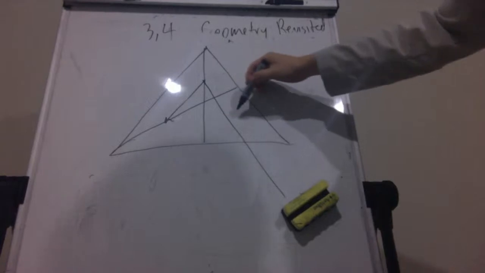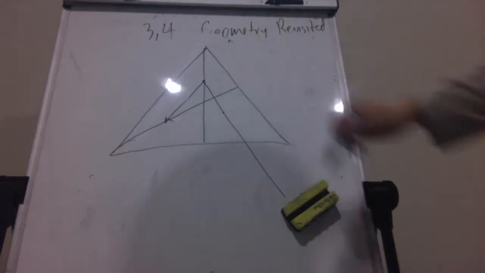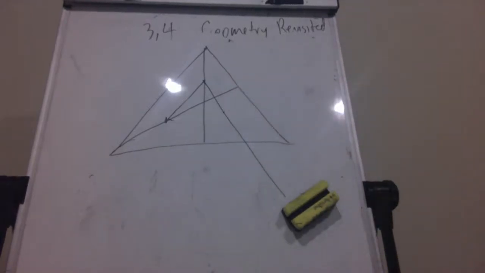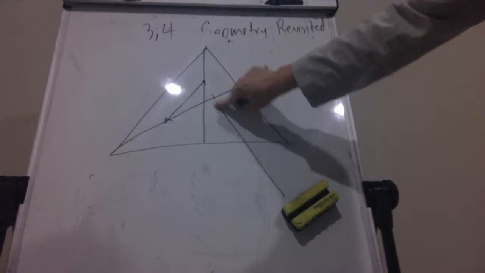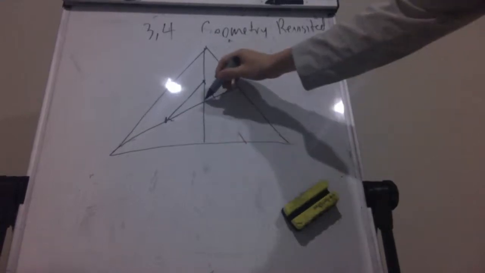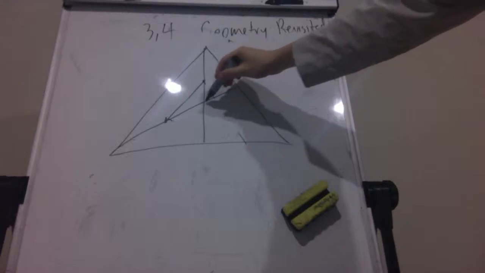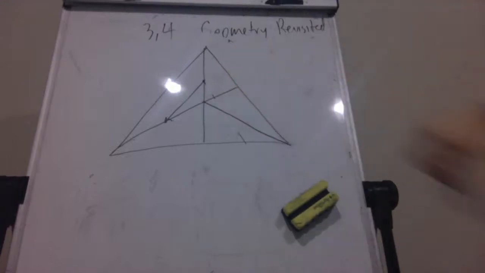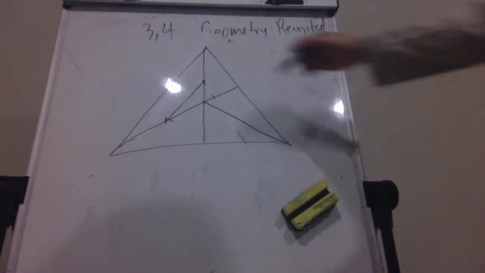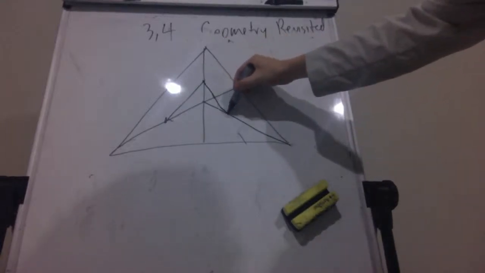And then you can also, I guess, have, what did I do? So I join these first. And then I join this. Okay, and then I guess I made this parallel line intersect here, right?